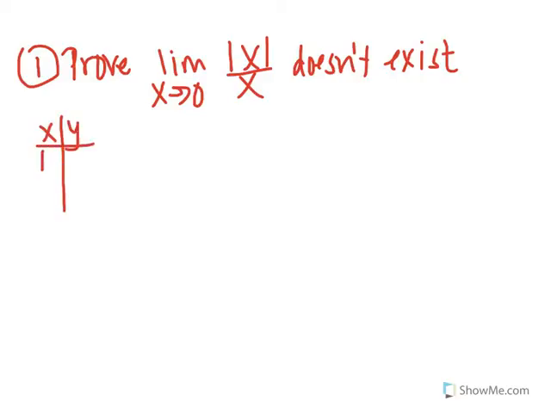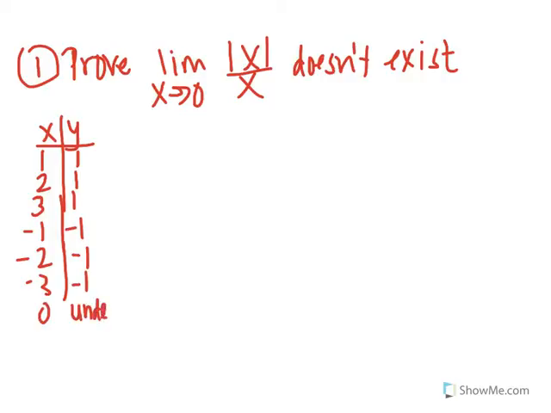So if I plug in 1, I get 1. If I plug in 2, I get 1. If I plug in 3, I get 1. If I plug in negative 1, I end up getting, I believe, negative 1. Negative 2 is negative 1. Negative 3 is negative 1. 0 is undefined. There's an error.